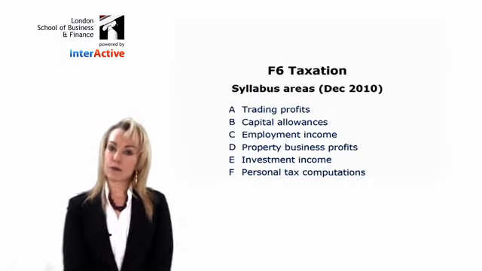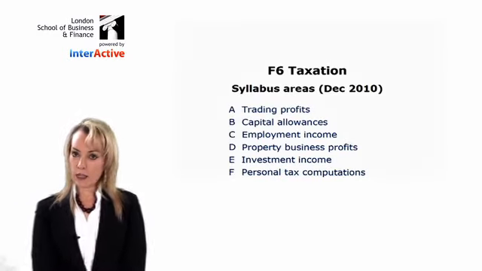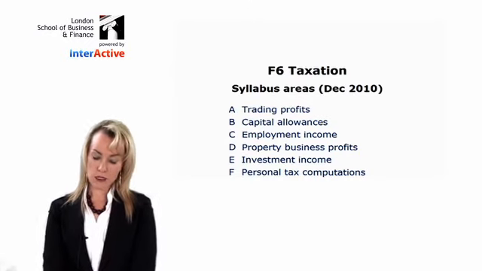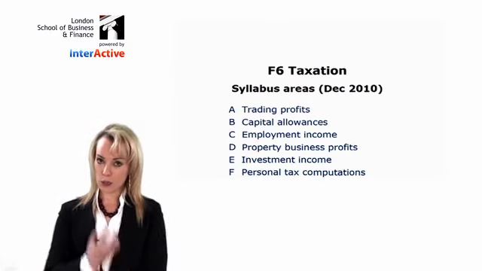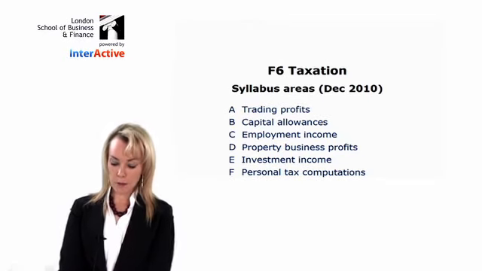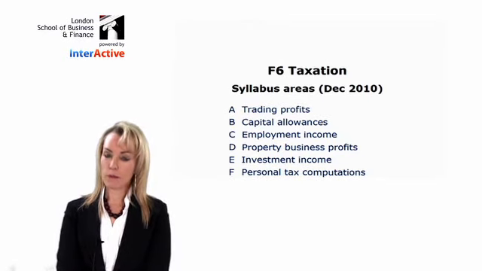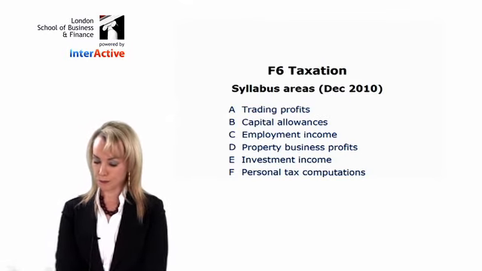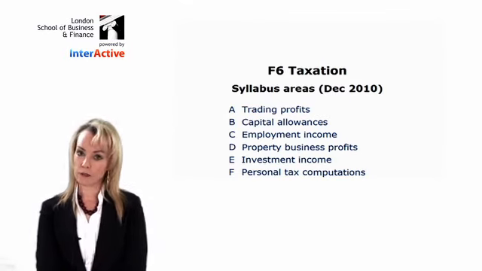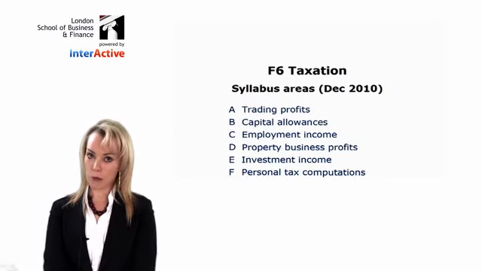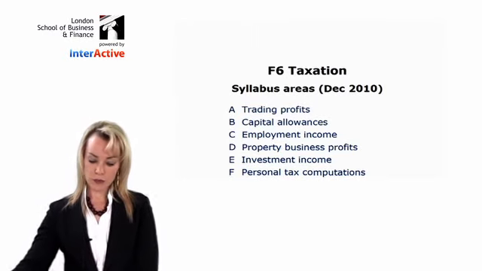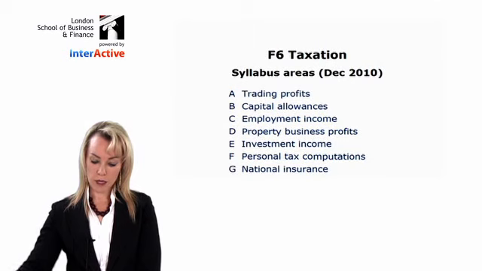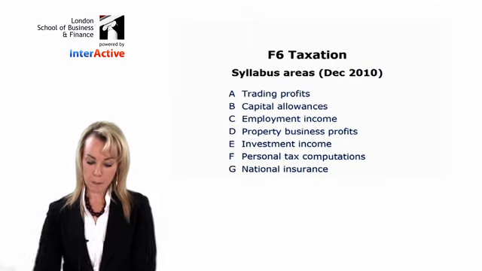The next stage of this introduction to F6 is to know exactly what you're going to be learning in this particular paper. Let's now have a look at the syllabus. Now, the syllabus is divided into a number of parts, and all the different parts of the syllabus we have here.